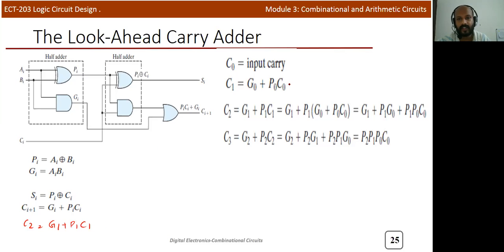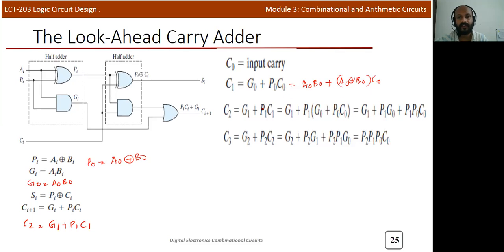And if you expand this, G0 is equal to A0 B0, plus P0 can be calculated from this formula, A0 XOR B0, into the rest, C0.